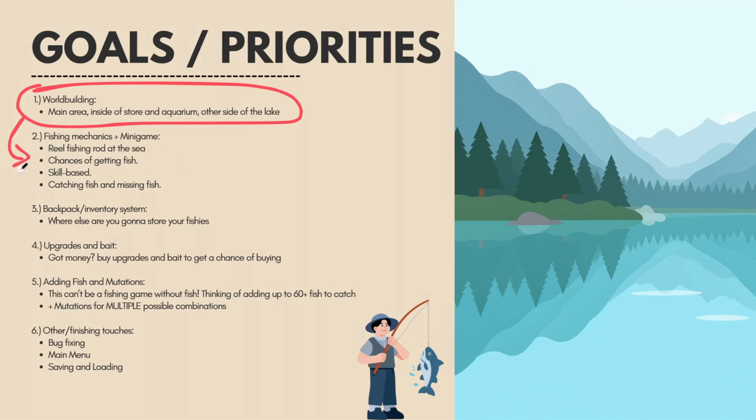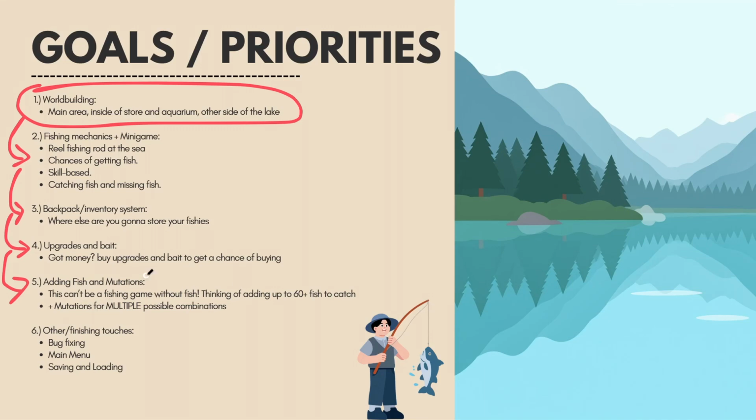After that, in the next few days, we're gonna tackle the backpack system or the inventory system where you store your fish. After the inventory system, we're gonna tackle upgrades and bait, and then the currency. So whenever you catch fish and then sell fish, you'll get money, and then when you get money, you'll buy upgrades and bait. After that is adding the fish and mutations, because this can't be a fishing game without fish, obviously.